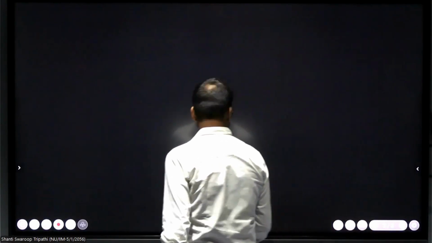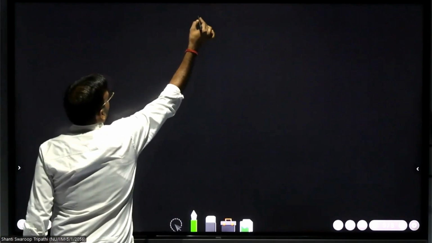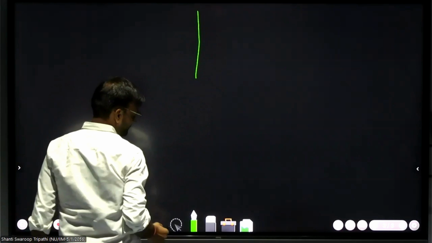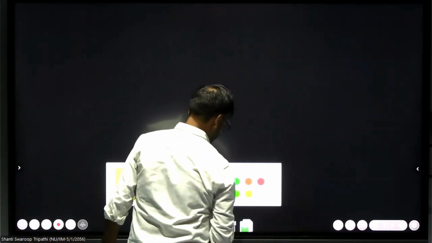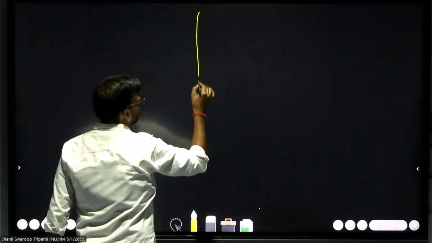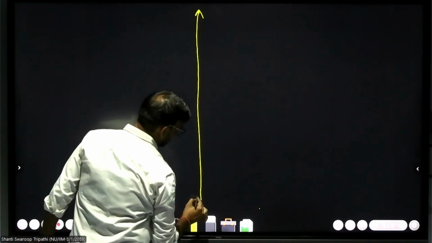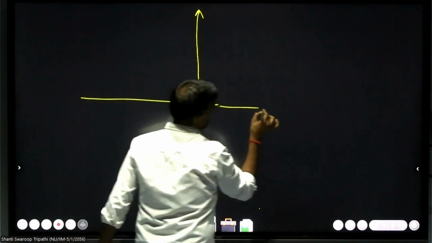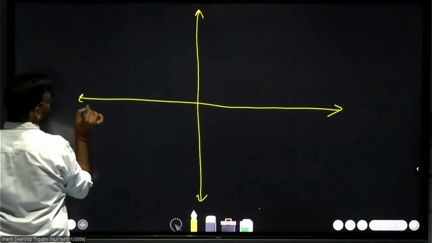This is our graph. I'm sorry for the straight line. It is not coming in the board. Actually, it is skidding, but let's consider this is our graph.